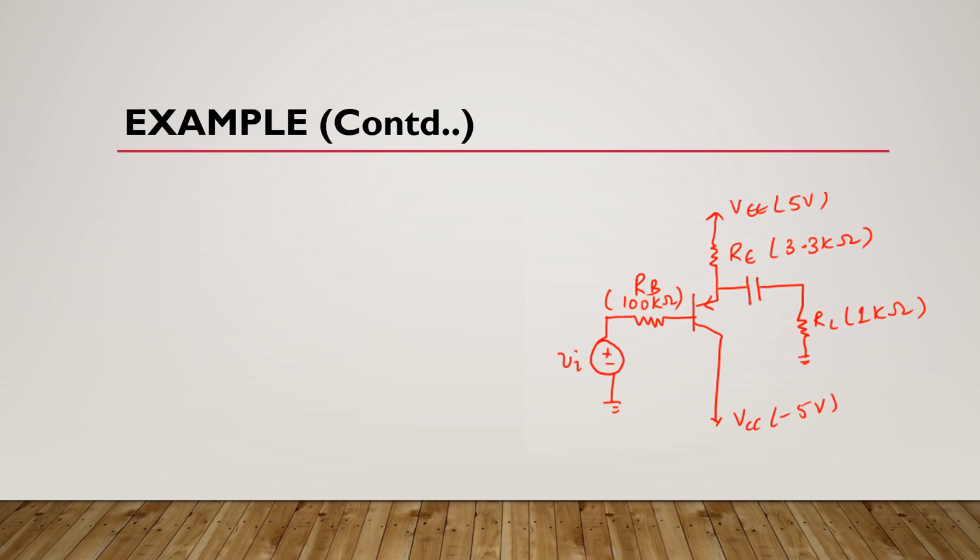Now we will do AC analysis of this circuit using T model. So the T model equivalent circuit will look like this. Okay. Now here we have current source because this is a PNP transistor configuration.